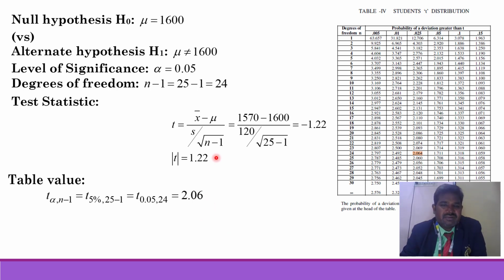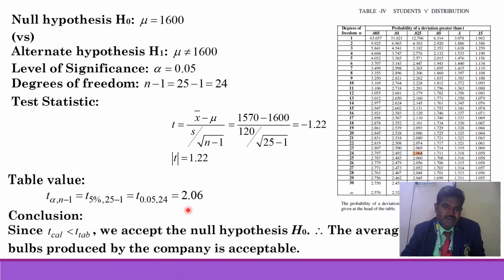The calculated value is 1.22 and the table value is 2.06. So we get the conclusion: our calculated value is less than the table value, therefore H naught is accepted, that is, the null hypothesis should be accepted. That is, the average life of the bulbs produced by the company is acceptable.